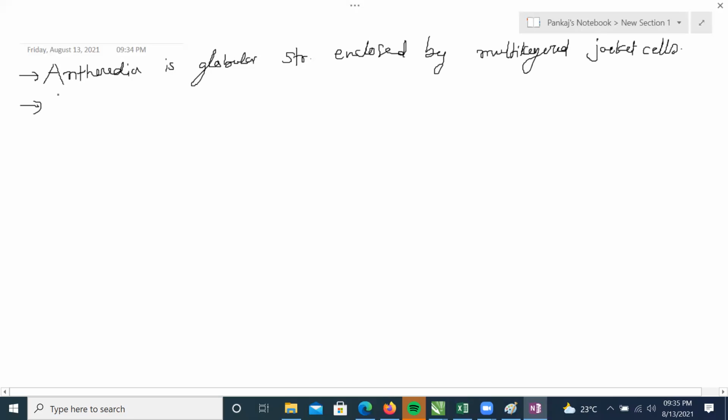Okay. So what we can say, it produces, whenever it is unicellular, then it is a biflagellate male gamete. Okay. And that is going to happen in case of Selaginella, that we observed.